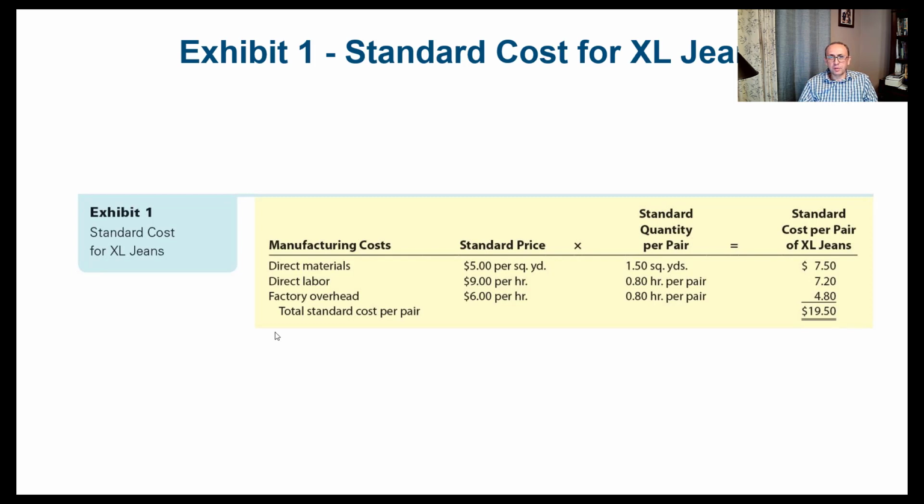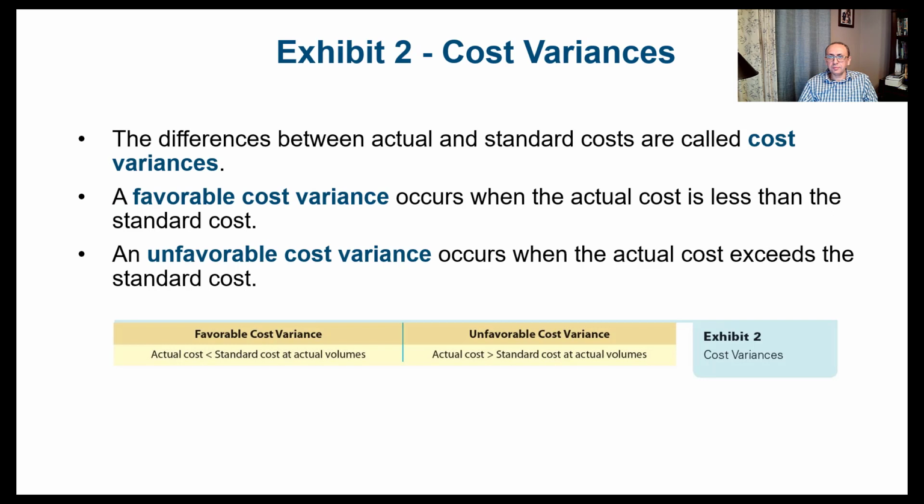So what are the cost variances then? The differences between the actual and the standard costs are called cost variance. So we compare the actual cost to the standard cost. The difference, we call it the cost variance. It's very similar to saying cost difference. So a favorable cost variance occurs when the actual cost is less than the standard cost.